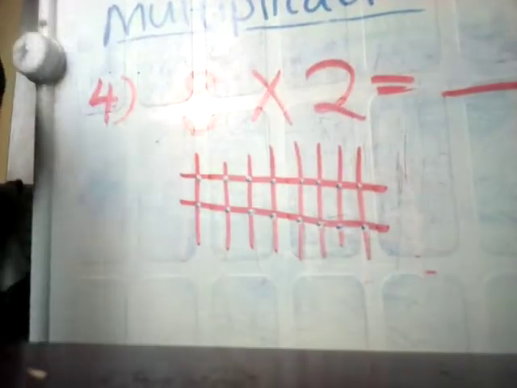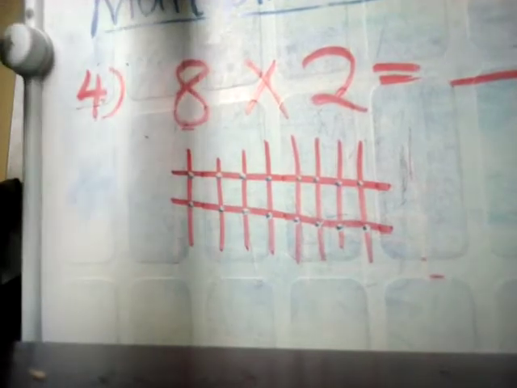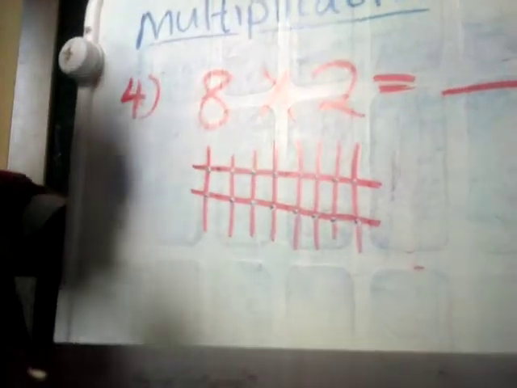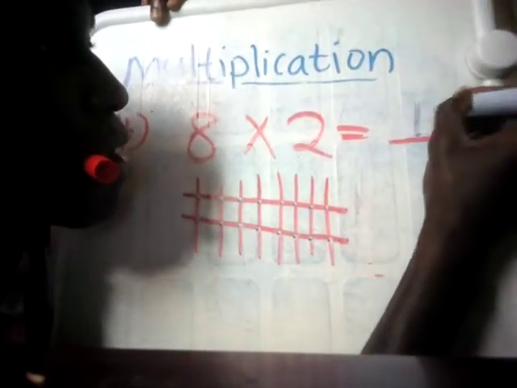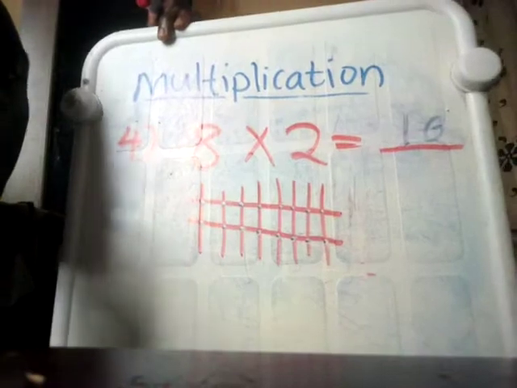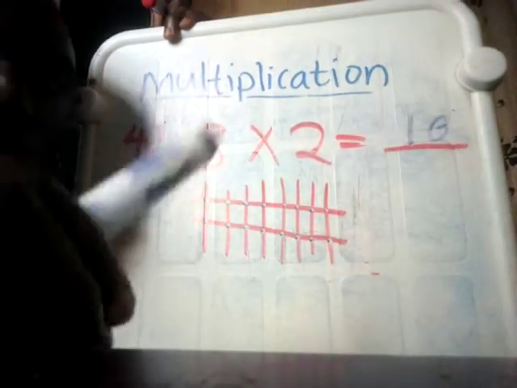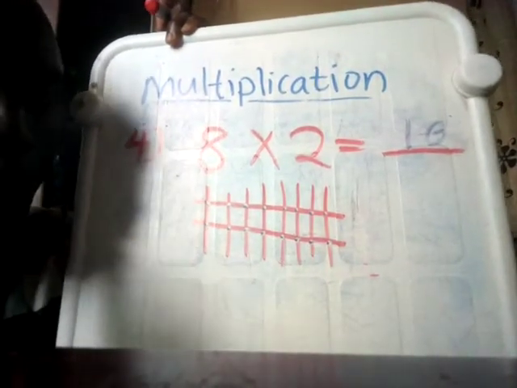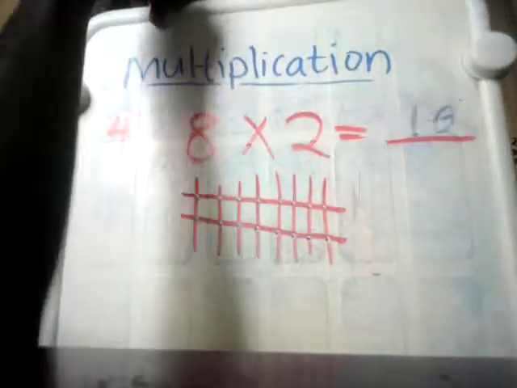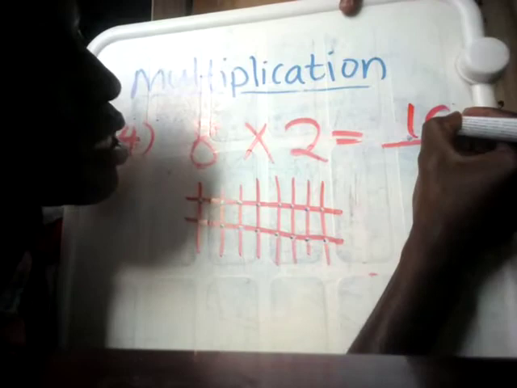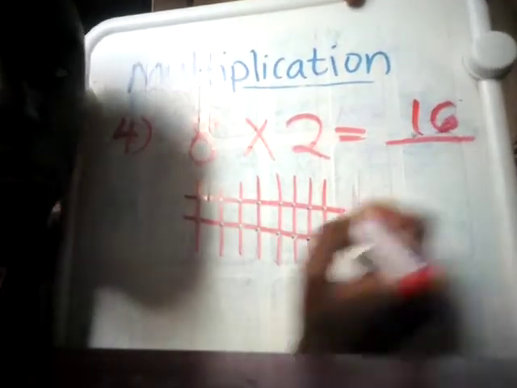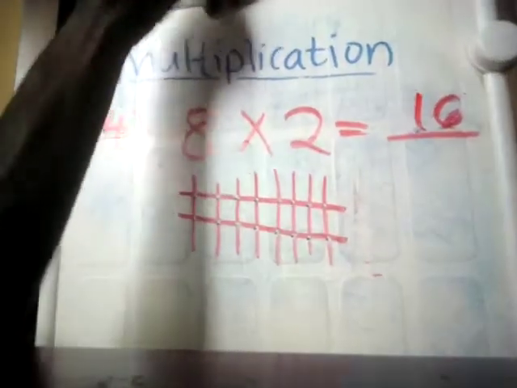So all the points where the rows and columns met are 16. So you write your answer here as 16. All right, so our answer here is 16. If you got it right, that is okay.